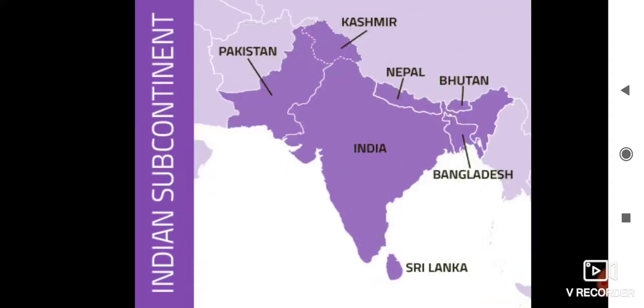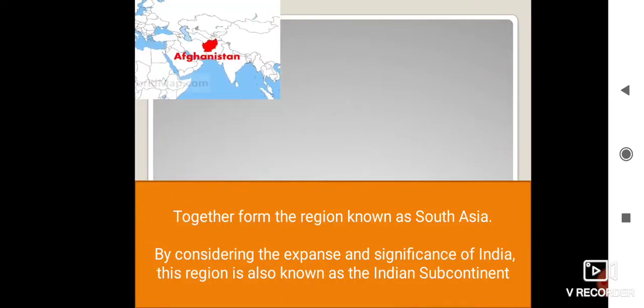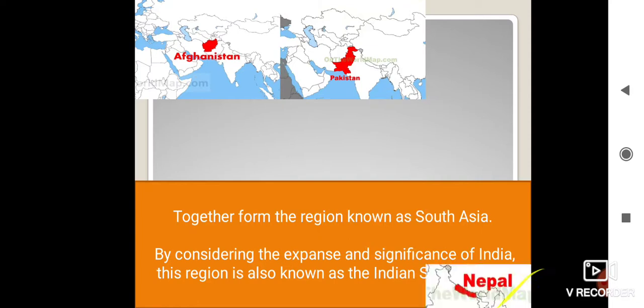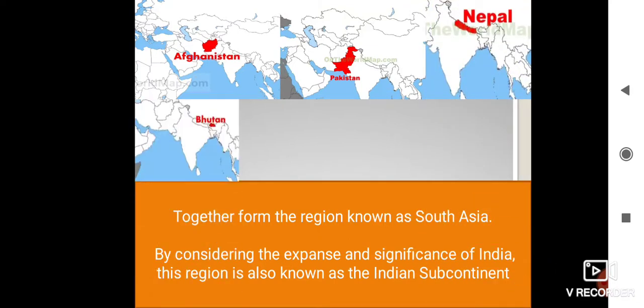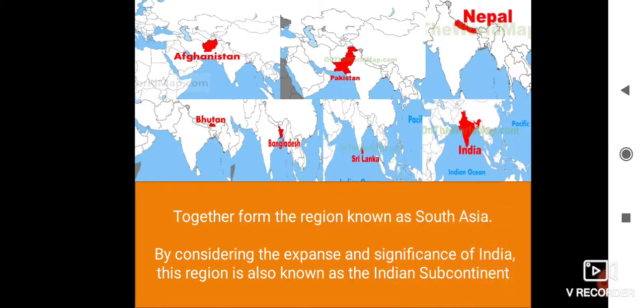The Indian subcontinent. Afghanistan, Pakistan, Nepal, Bhutan, Bangladesh, Sri Lanka, and India together form the region known as South Asia. By considering the expanse and significance of India, this region is also known as the Indian subcontinent.